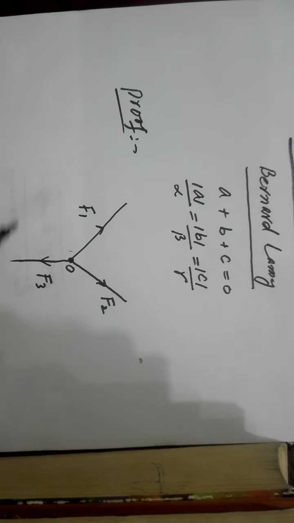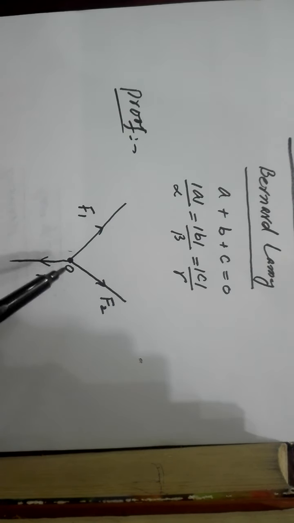Now, according to this definition, and as we call it three forces, we have already studied in the last class that these three forces must be coplanar, non-collinear and concurrent.